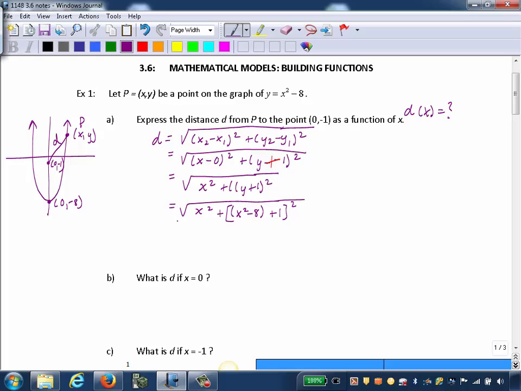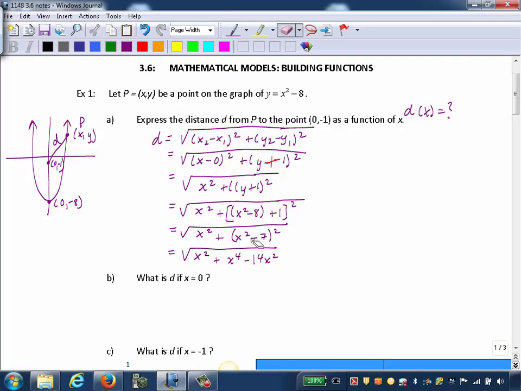So now I just need to simplify. So we've got x squared, now x squared minus 8 plus 1 is just x squared minus 7. And now (x squared minus 7) squared, remember the shortcut for squaring a binomial: square the first term, so x squared squared would give us x to the 4th. Multiply x squared times negative 7, that's negative 7x squared, and double it, so that'll give us negative 14x squared.